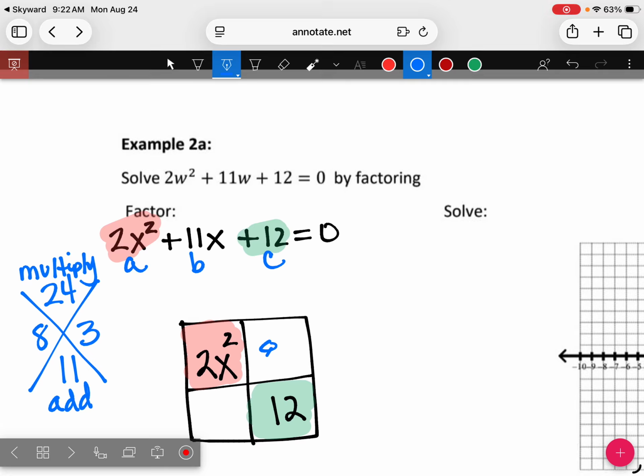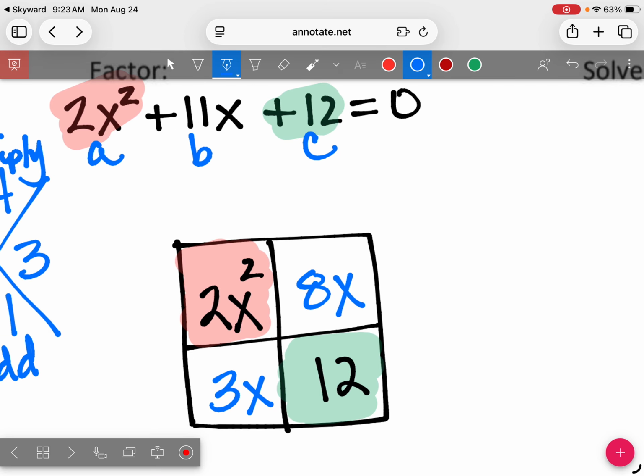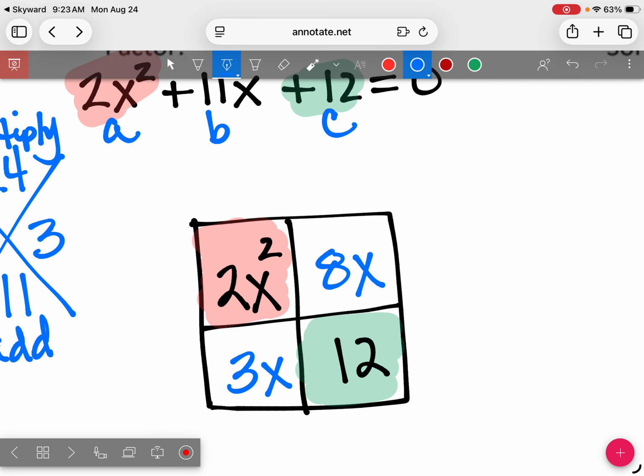So I'm going to put an 8x in one, a 3x in the other. And we're taking out our GCFs. So in this square, I'm going to write this out for those who might need it. This has a 2, an x, and an x. This one has a 3 and an x.